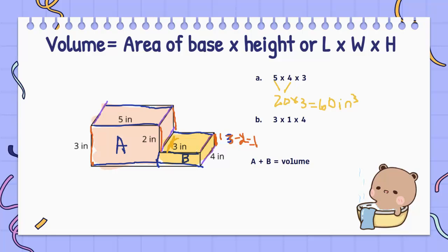All right, our next one for prism B, we have 3 times 4. We know that anything times 1 is the same number. So 3 times 4, that equals 12. Let's go ahead and erase that and just write the answer of 12 because that's pretty simple. Okay, and that's 12 cubic inches.